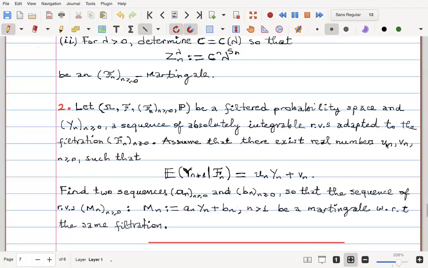So as we can see here, Un and Vn are given. We assume that they exist. And we want to find the sequences An and Bn in terms of these two. So let me copy this. This is question 2.